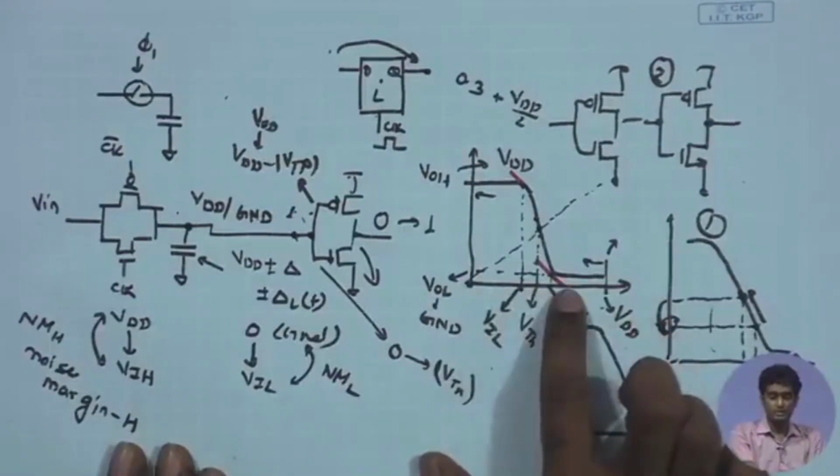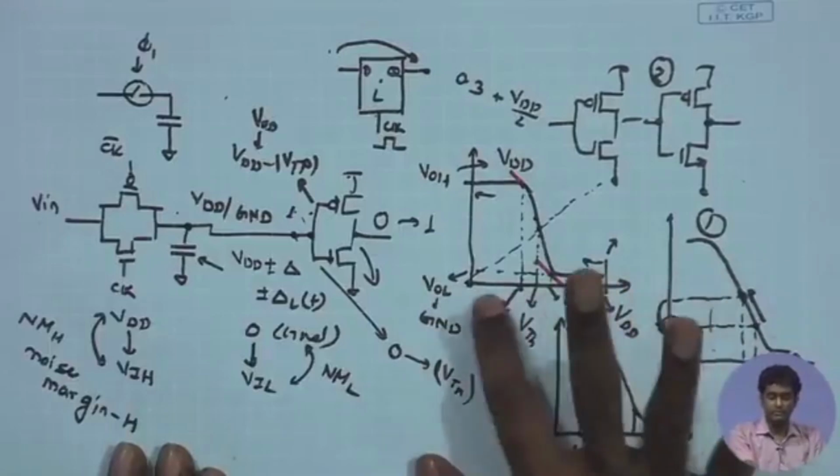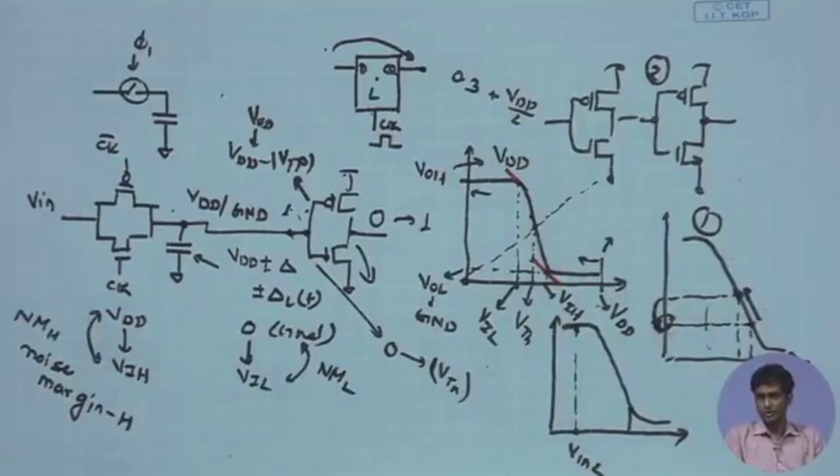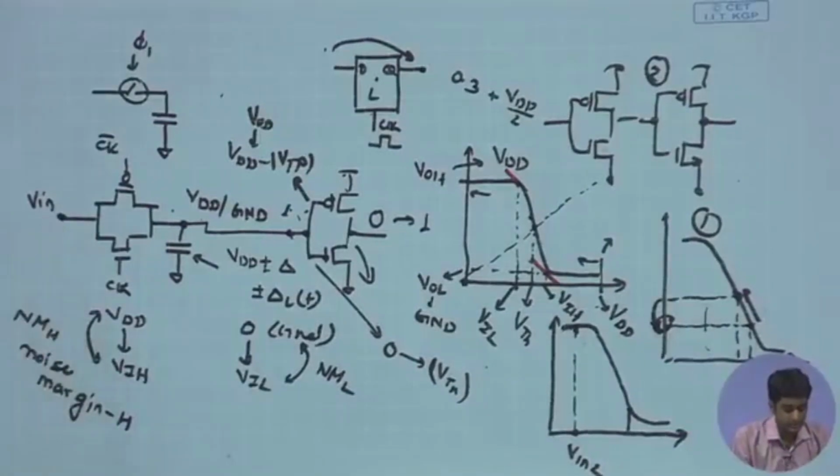The logic levels are preserved even for such large deviations in the stored voltage, and that is the basic underlying point behind the robustness of CMOS logic or robustness of digital logic.